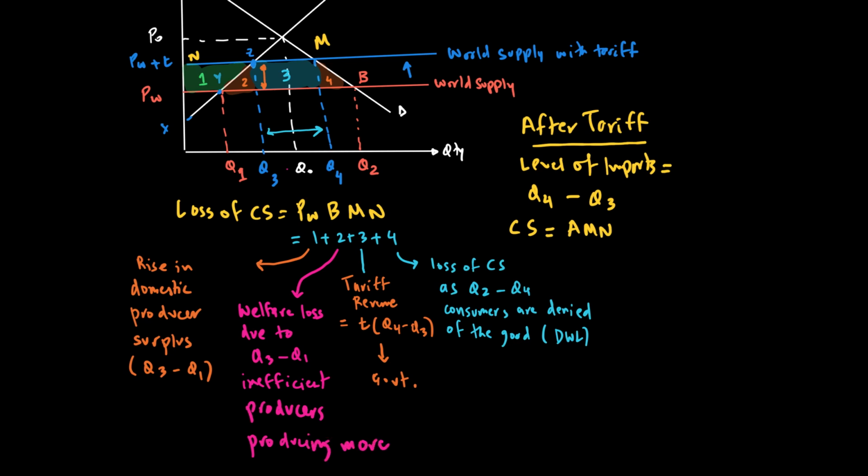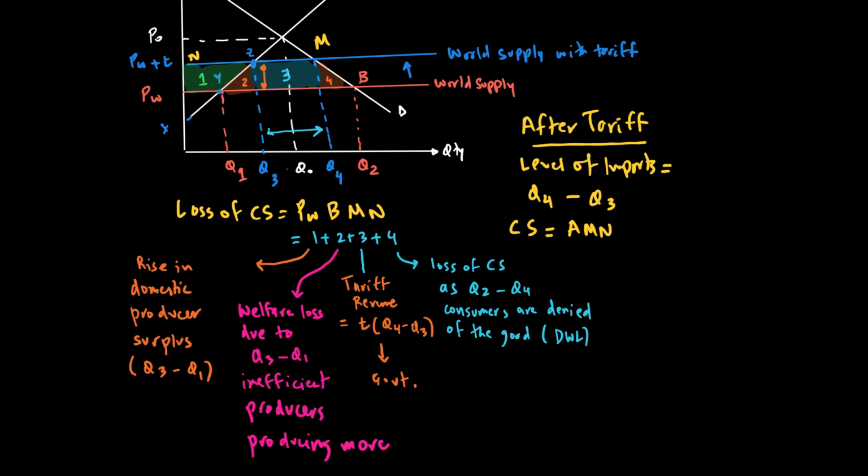So for us, Q3 minus Q1 is those producers who shouldn't have produced, because there are efficient producers out there in the world who should be producing, and because these inefficient producers are producing, we end up causing a deadweight loss.